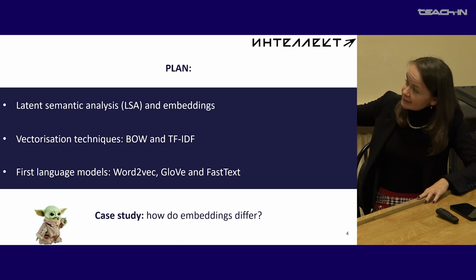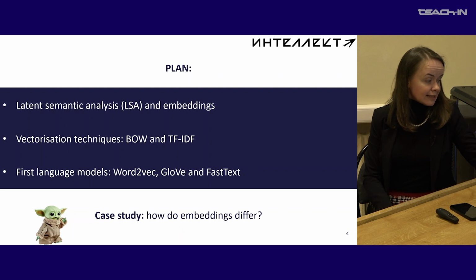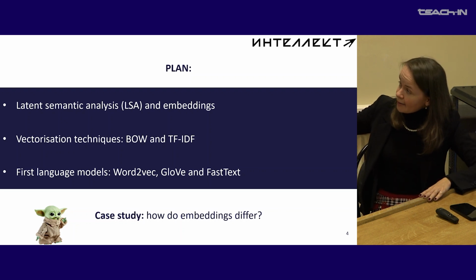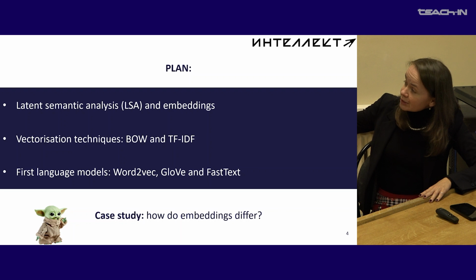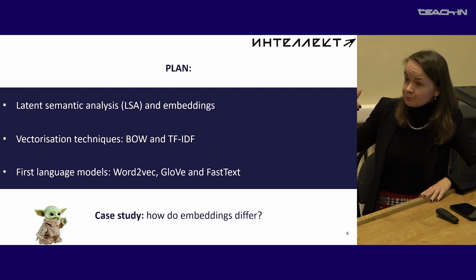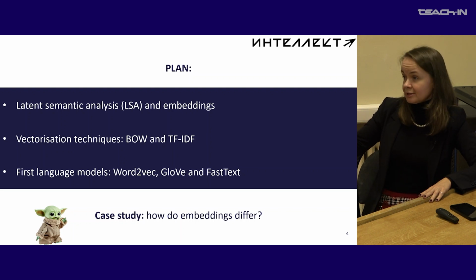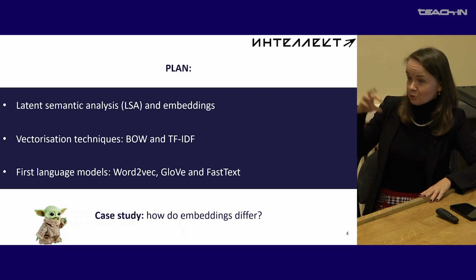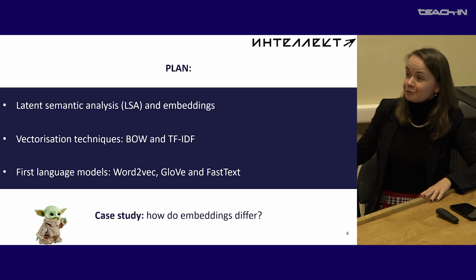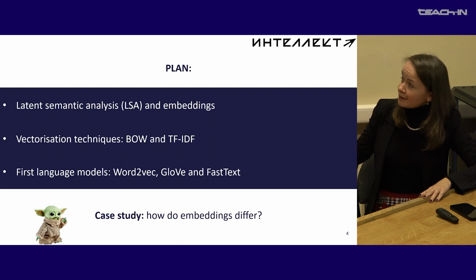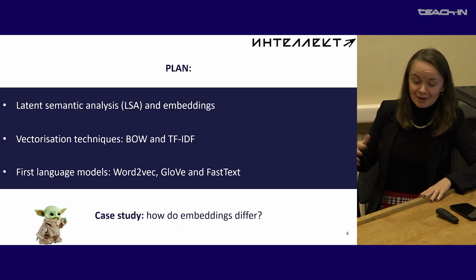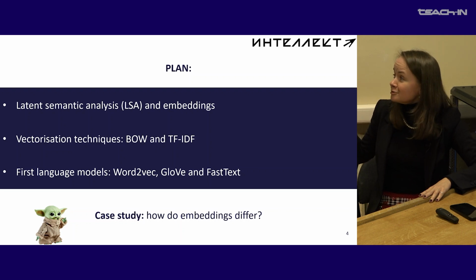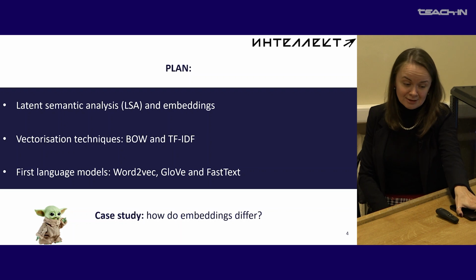And then we will proceed with trying out these first language models. They partly use the same vectorization techniques, but they enhance them. And afterwards, we will discuss on your examples, your text, which of those models is more effective or not. And we'll figure out whether your opinion will be the same as for many researchers and data scientists or not.